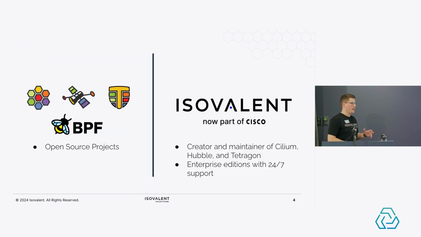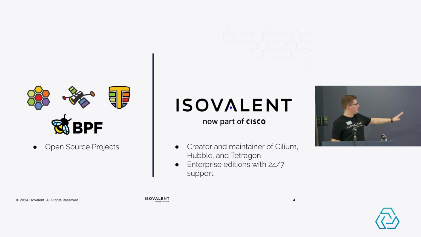We are still the core maintainer of those three projects to see over there. On the left-hand side, we have Cilium, Hubble, and Tetragon. All of them are CNCF projects under the Apache 2 license, and they all are highly based on eBPF, which stands for Extended Berkeley Packet Filter, which is a Linux kernel technology.